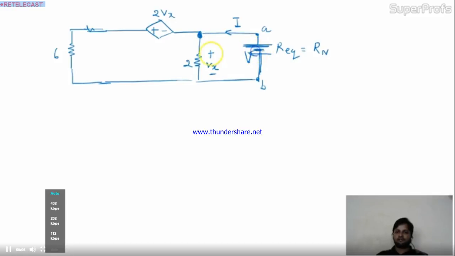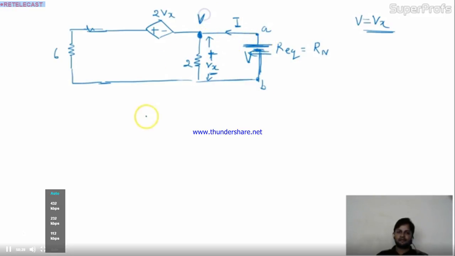Either you can take this V or Vx, both are the same now in this case. Since this battery is directly connected to this point, this is V, and V is nothing but Vx over here. The Vx is also the voltage across these points, and we assume V directly also. So V equals Vx.